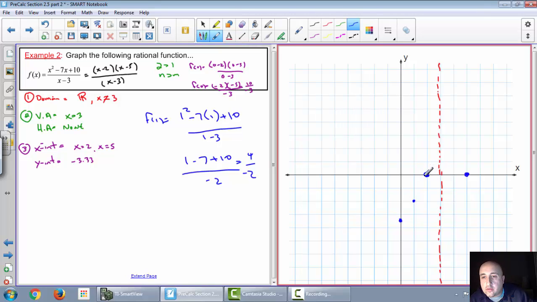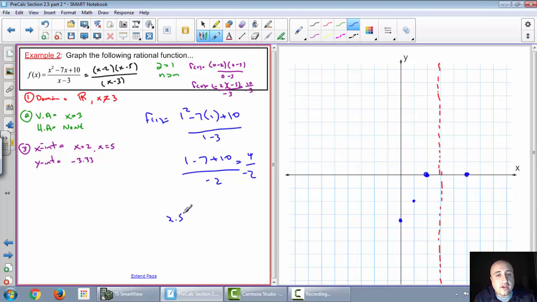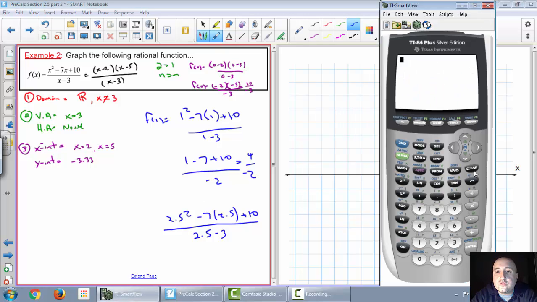Now let's plug in a number between 2 and 3. So let's plug in 2.5. So 2.5 squared minus 7 times 2.5 plus 10 all over 2.5 minus 3. Let's use our calculator to help us with this. Let's do the top. 2.5 squared, minus 7 times 2.5, negative 11.25 plus 10 is equal to negative 1.25.